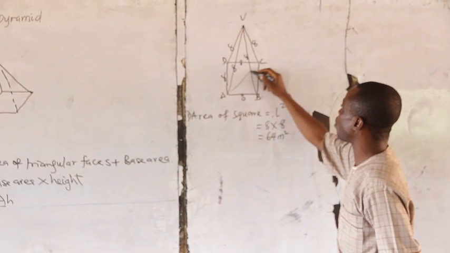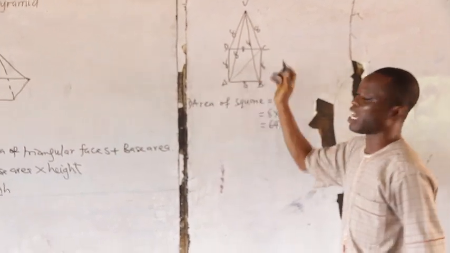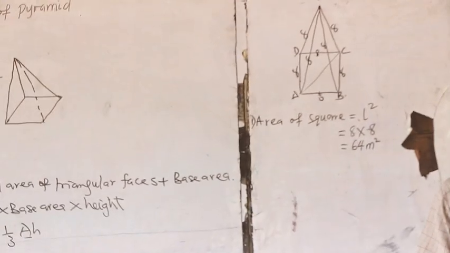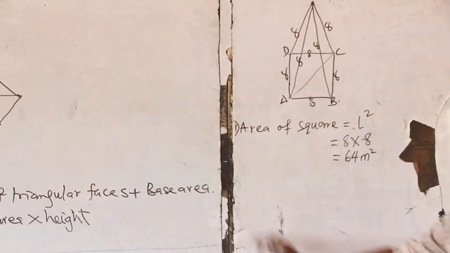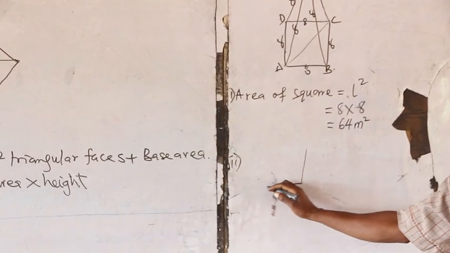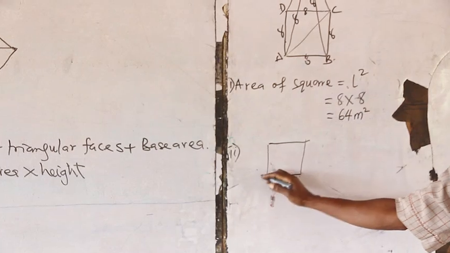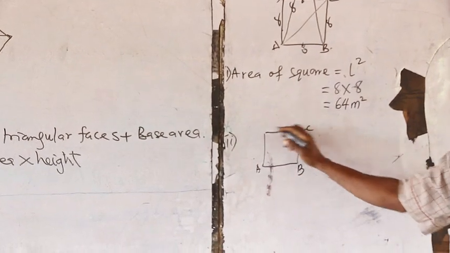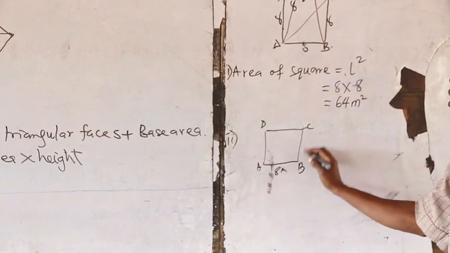I will draw a diagonal. This is the diagonal, AC, the diagonal of that square. Roman figure 2. Let me just bring out the square. This is A, B, C and D, and this is 8 meters, 8 meters.